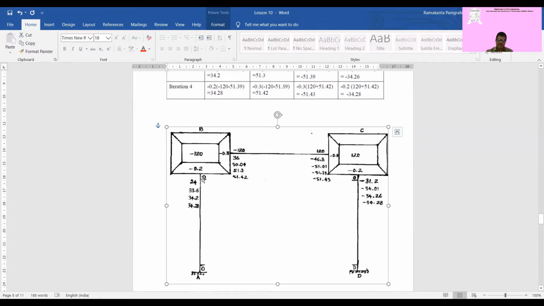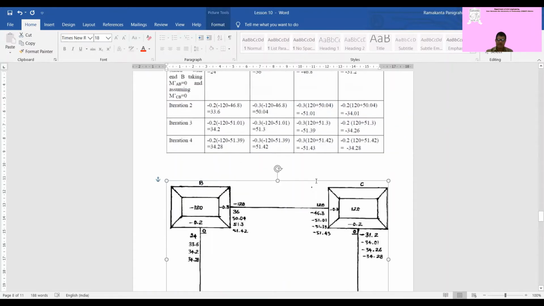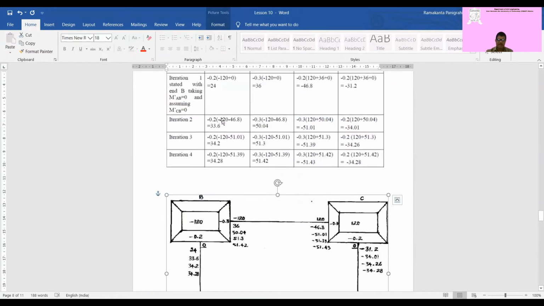So you can write down minus 120 minus 46.8 multiplied by minus 0.2, and here also. While coming here again, 0.3 into 120, but the far end contribution now from here is 50.02. So you add this thing and calculate.